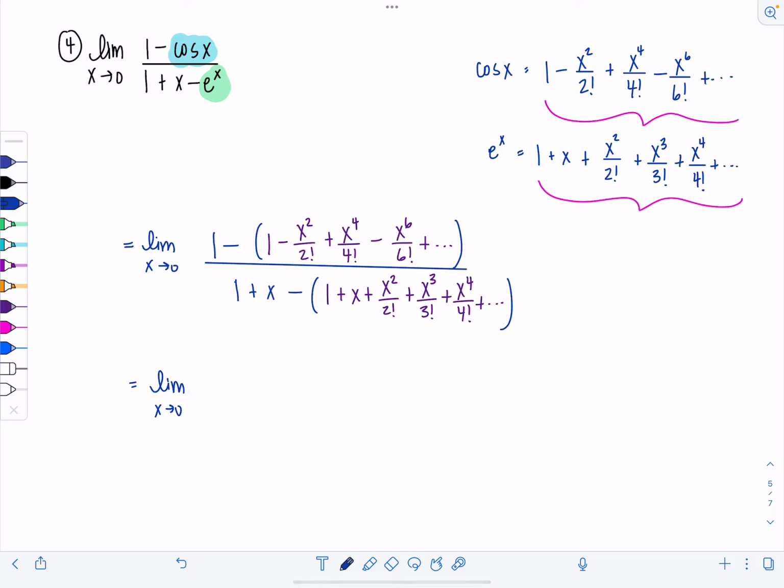This one might make you nervous because you've got an infinite number of terms in the top and bottom, but don't fret, we got this.